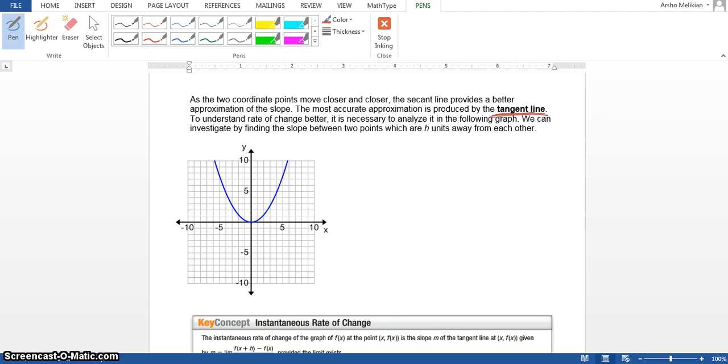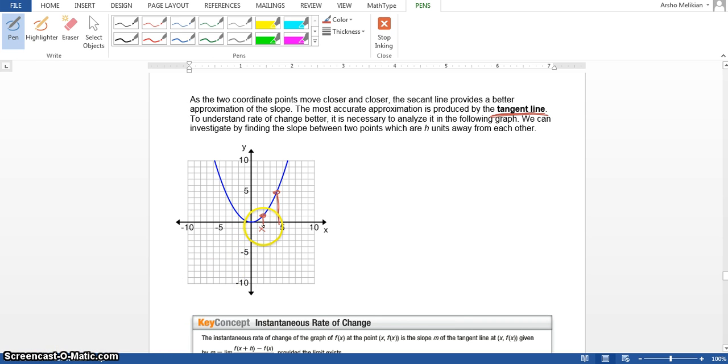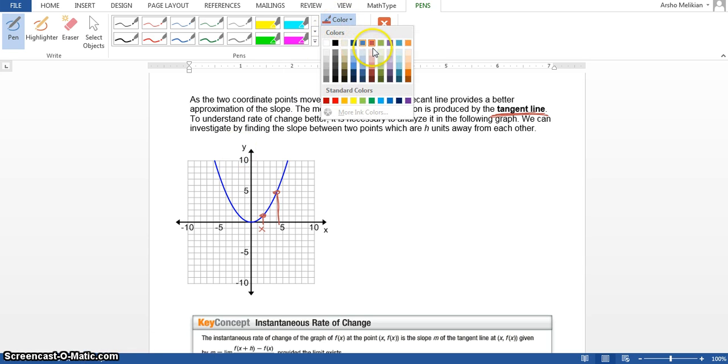So let's just explore here what we're doing. So suppose you want to find the slope at this point. Okay? You pick this as one of your points, and now you go some distance apart and you pick this as another point. Okay? Now, this is my x value, right? Now stay with me here.